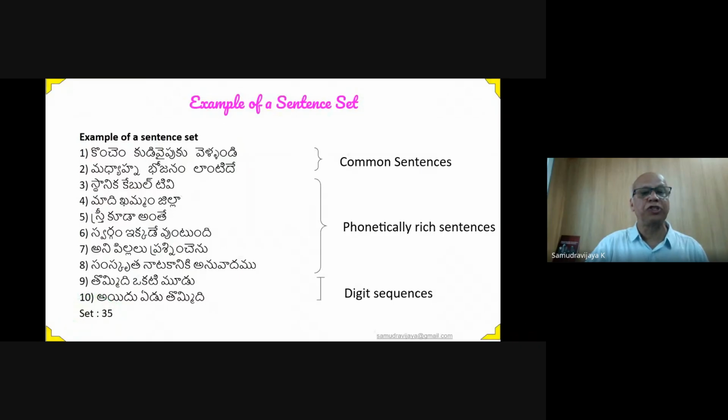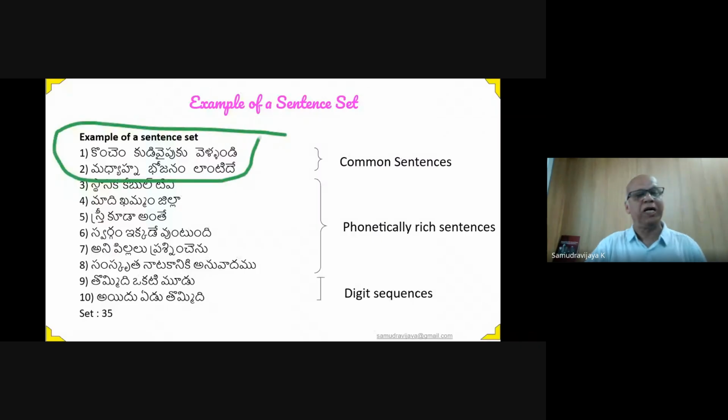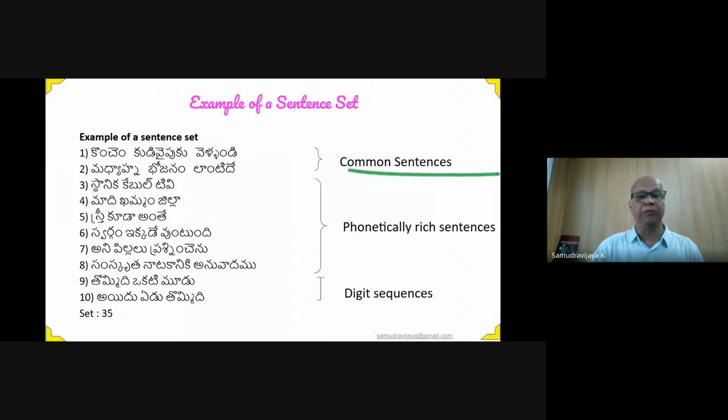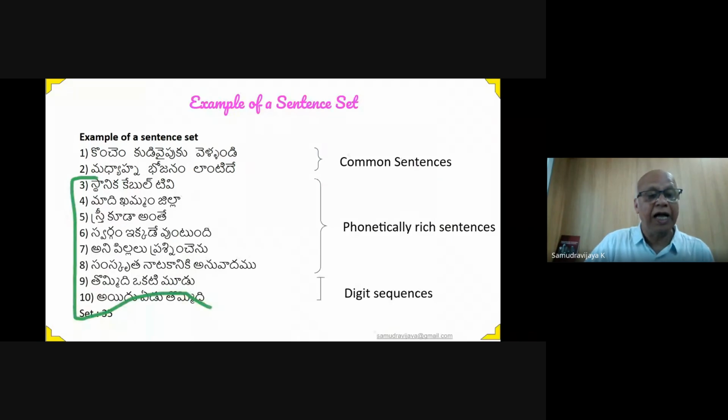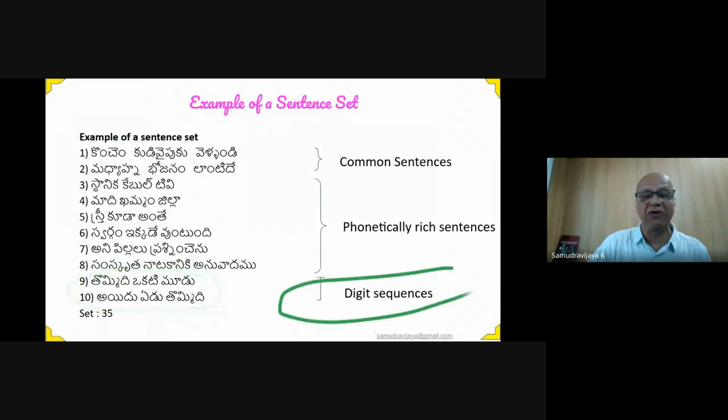The first 2 sentences, this is Koncham Kudi Vellandi. So these are the common sentences spoken by every person, and the rest of the 8 are different sets spoken by different people. Again, out of these 8 sentences, the last 2 sentences are actually sequences of digits.